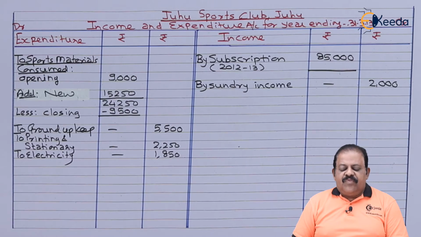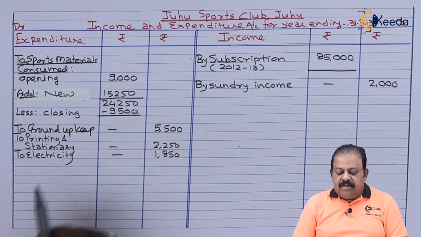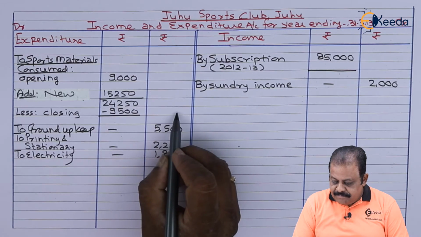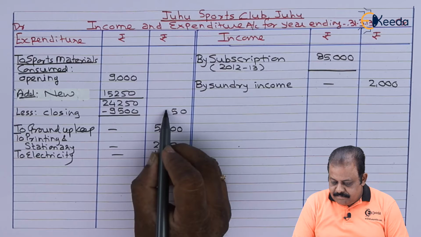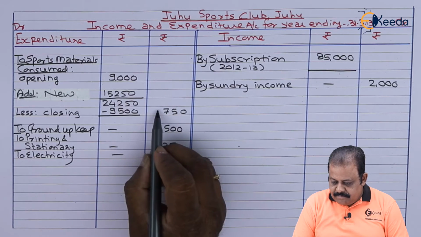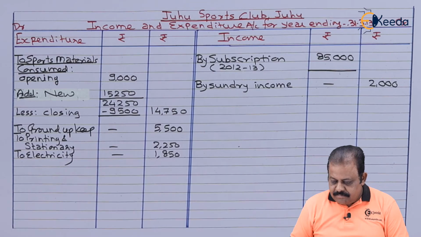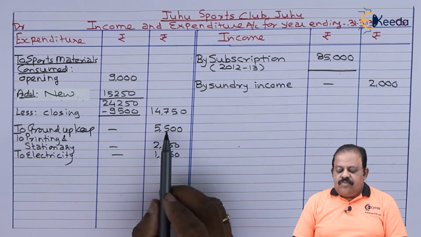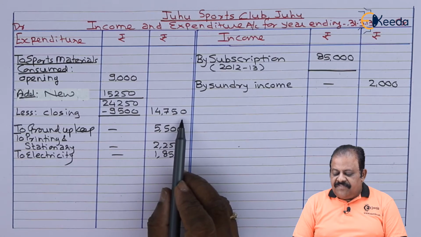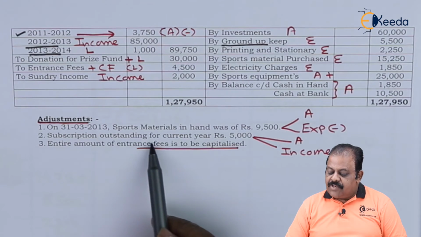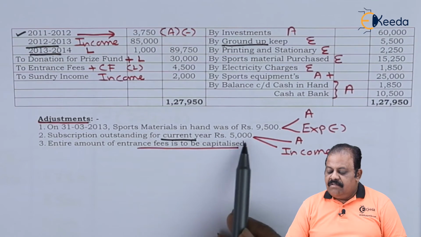It will be deducted for calculation of sports material consumed. So it is 14,750.